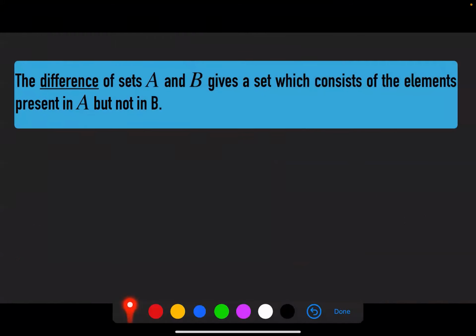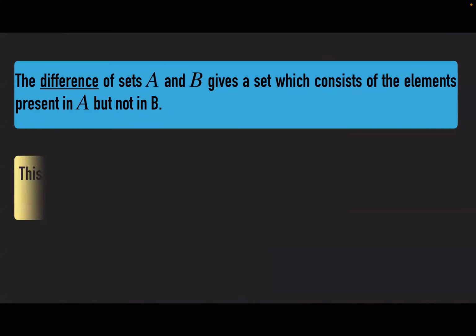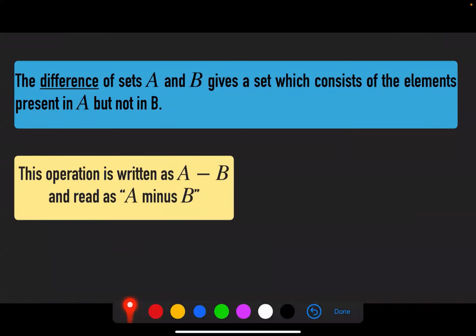Okay, so difference of sets. Now, what do we mean by difference of two sets A and B? Here you are selecting elements which are present in A but not present in B. You're only selecting elements which are present in A, but these elements are not present in B. So the operation is written as A minus B. Again, let's take that simple example.